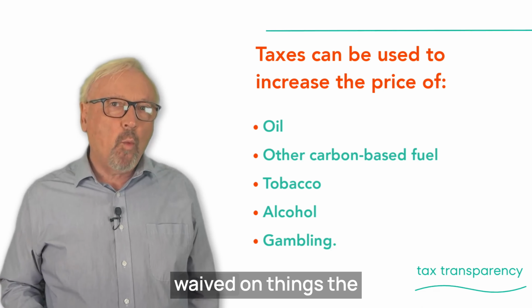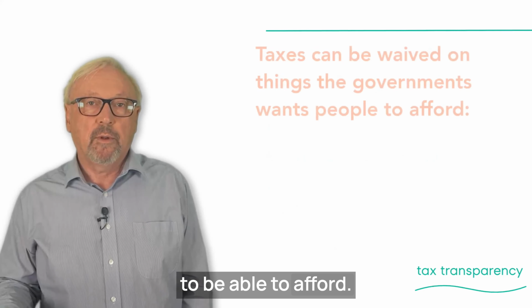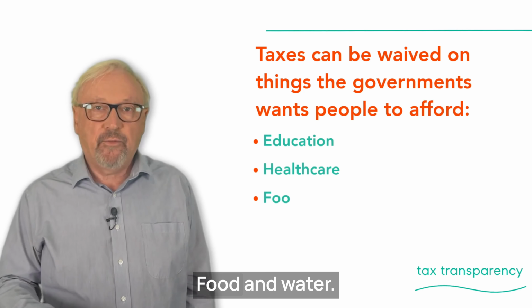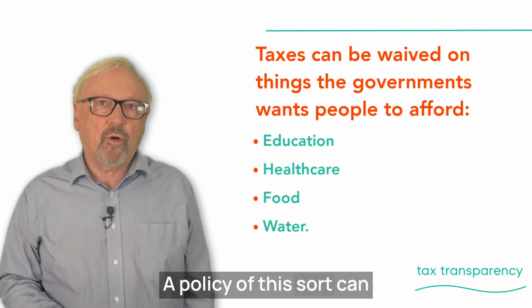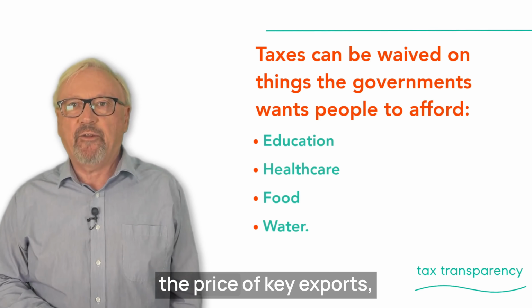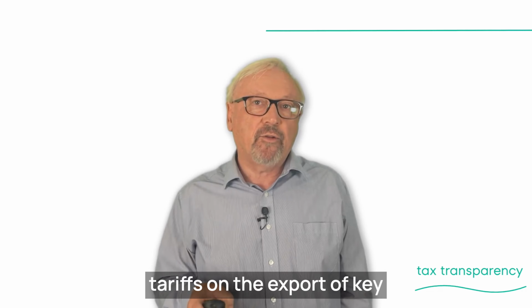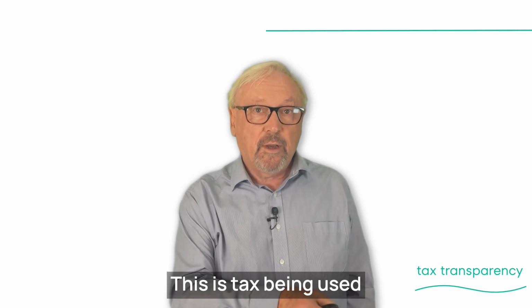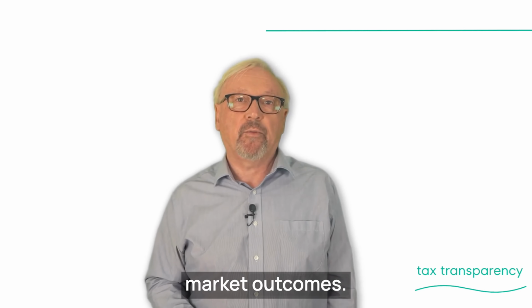Tax can also be waived on things the government wants people to be able to afford. These might include things like education, healthcare, food, and water. A policy of this sort can also be used to increase the price of key exports, for example, by imposing tariffs on the export of key commodities or products. This is tax being used as a way of changing market outcomes.